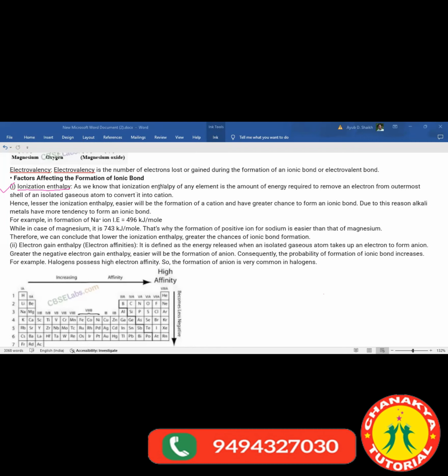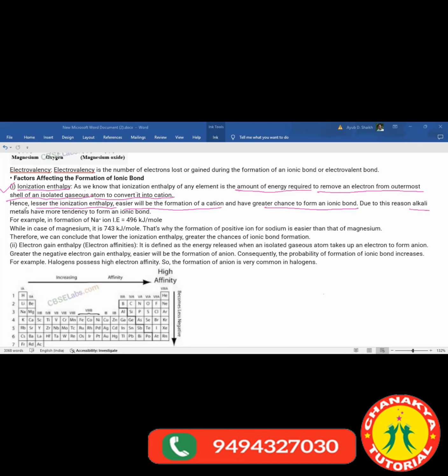As we know, ionization enthalpy of any element is the amount of energy required to remove an electron from the outermost shell of an isolated gaseous atom to convert it into its cation. This is the definition of ionization enthalpy, right? Hence, the lesser the ionization enthalpy, the easier will be the formation of cation, correct? And hence it has a greater chance to form an ionic bond.